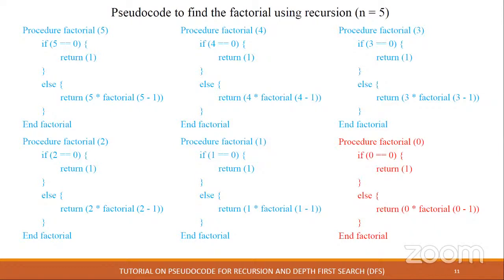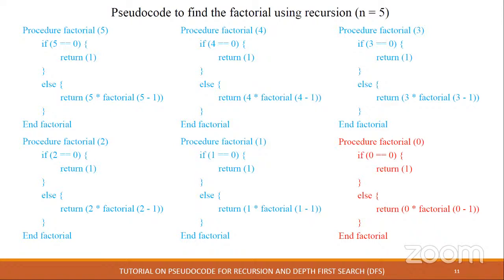Usually what happens, whenever we say return, it goes back to the original code, right? Whatever pseudocodes we have studied, there is a main code and then there are 1 or 2 procedures. And whenever we call a procedure, the computer executes that procedure and comes back to original code.